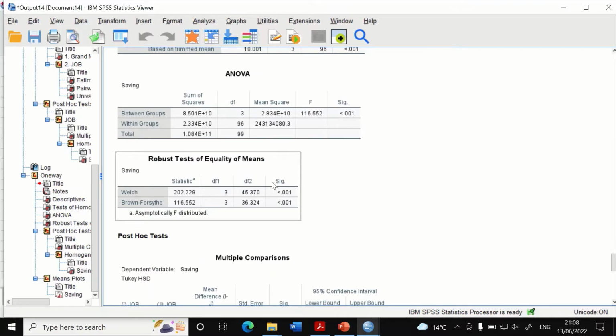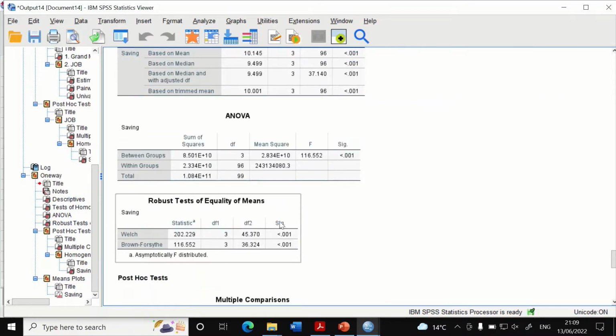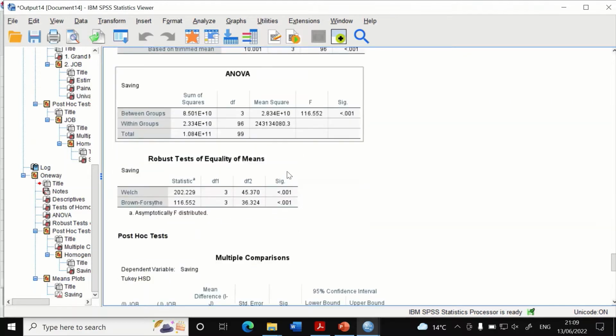It shows here that there is a significant difference between the groups, as both of them are nearly less than 0.05. Since there is a violation of homogeneity of variance, then this table needs to be reported instead of the ANOVA.